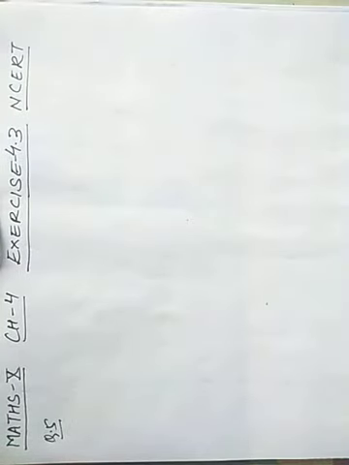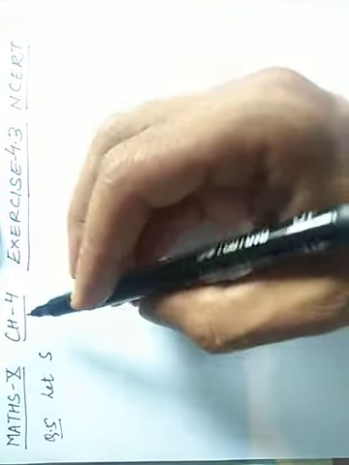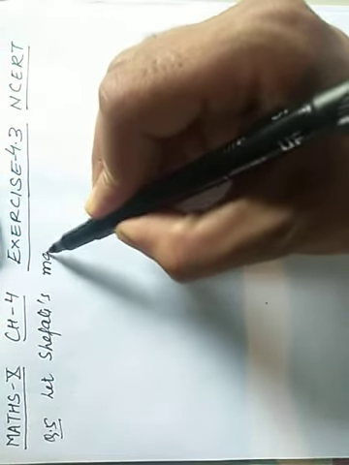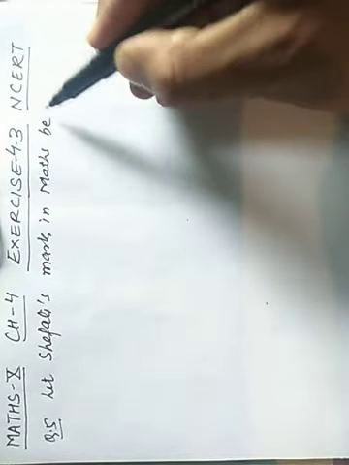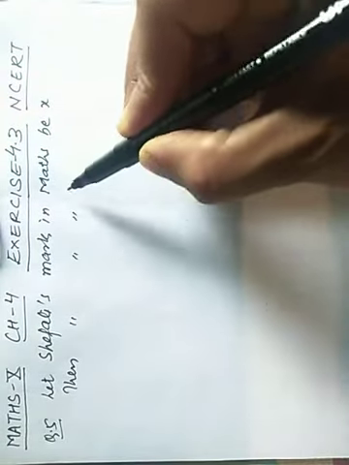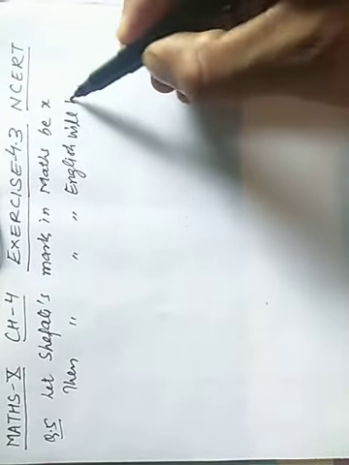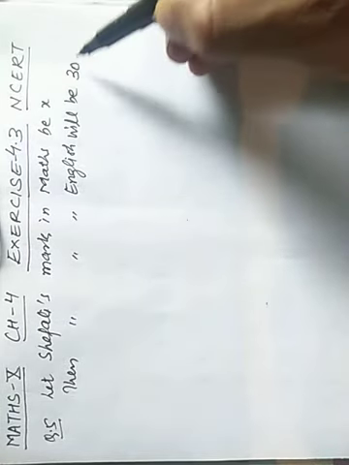Let Shefali's marks in maths be x. Then Shefali's marks in English will be, because the sum of marks in 2 subjects is 30, 30 minus x.